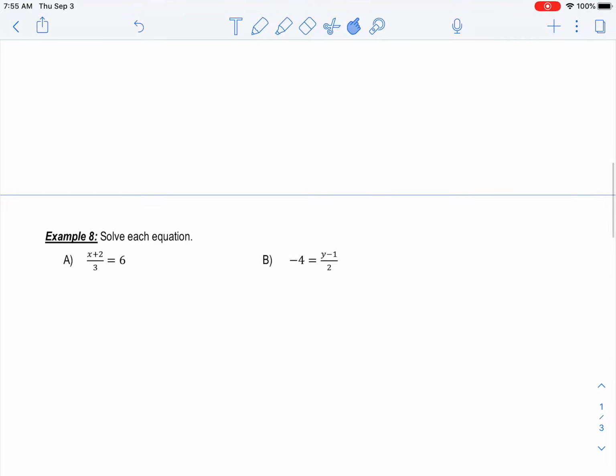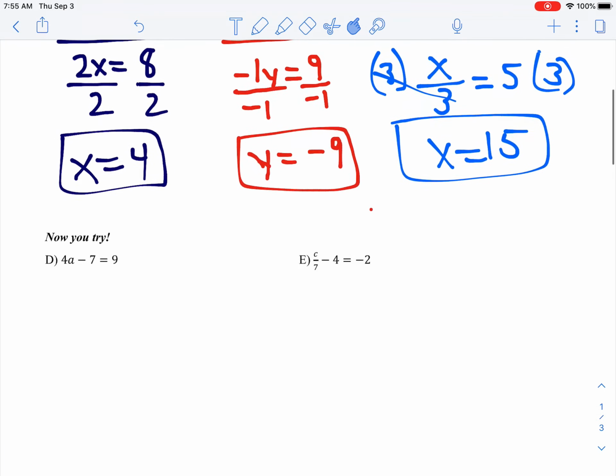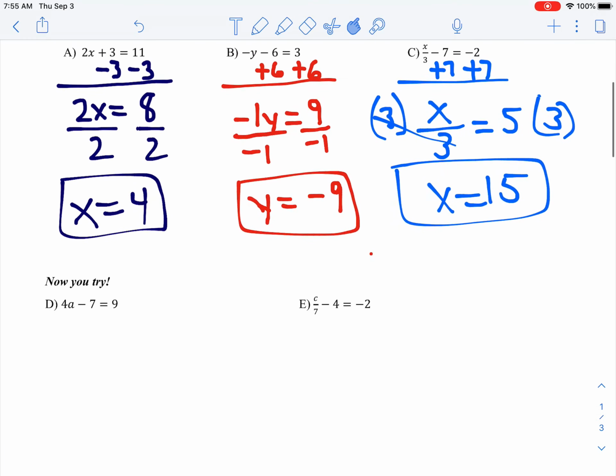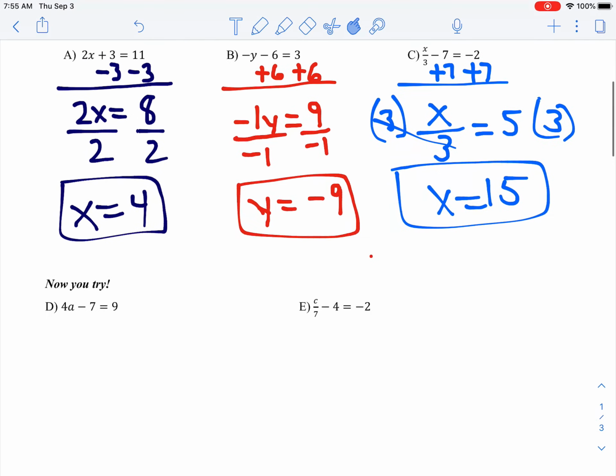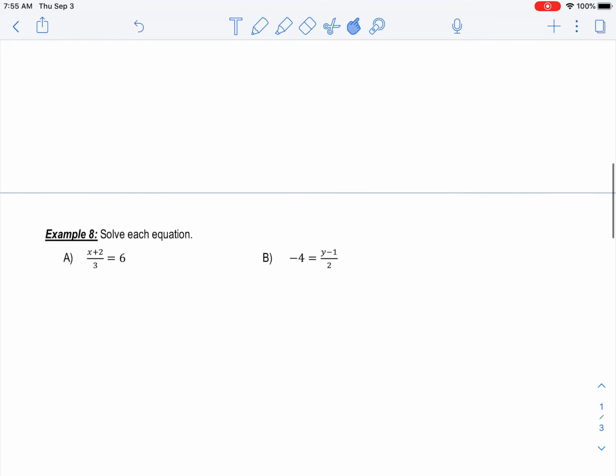Now, let's go ahead and look at these. These are a little bit different. I want you to compare what we did up in letter C in number 1 and what you had to do in E. Notice we have a fraction up here in C, x over 3 minus 7. We move the 7 first. You'll notice the difference between these bottom examples is that this time everything is on top of a number.